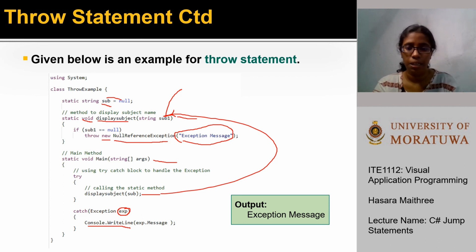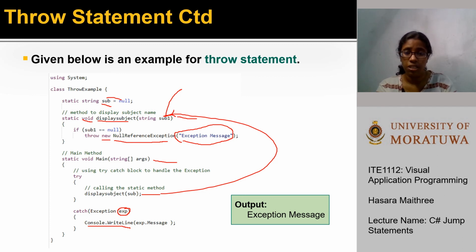For example, I mentioned this earlier in the slides as well. Assume we have a method where we take user inputs, let's say we take two inputs from the user to divide them. Say those are A and B, we want to divide A by B. So we expect the user to input numerical values, but it might be the case that the user may put any random value like strings, special characters and so on.